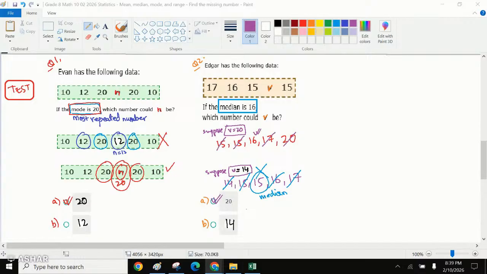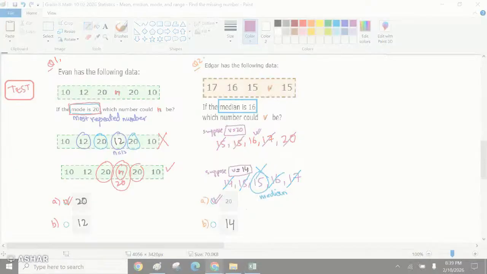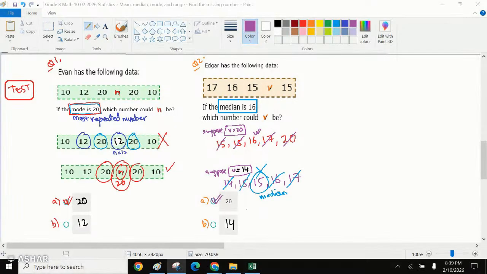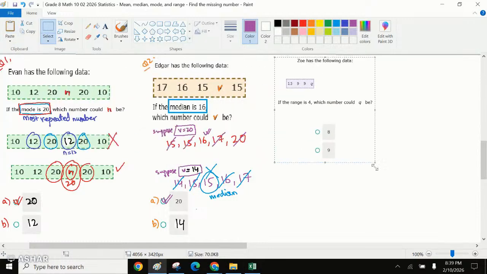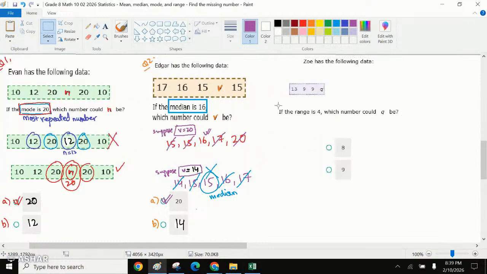Okay, let's try another question. Just one or two more. I am changing the option just to make the question more clear to you, so that we would have a lot bigger variation. Question number 3, it says, Zoe has this following data.